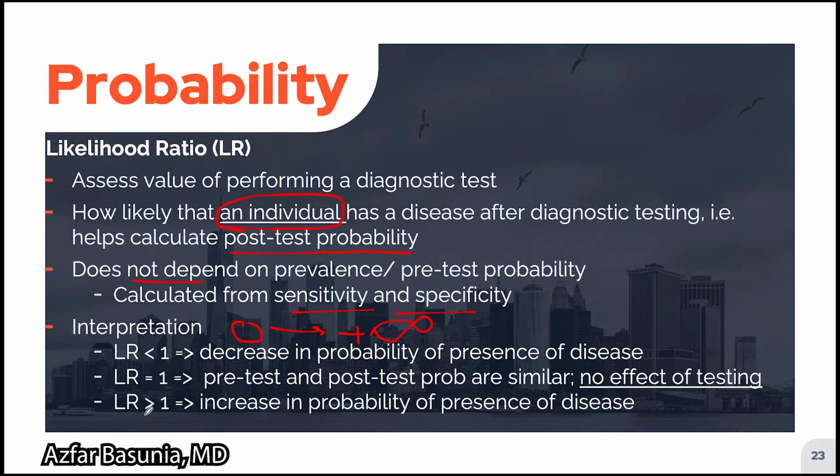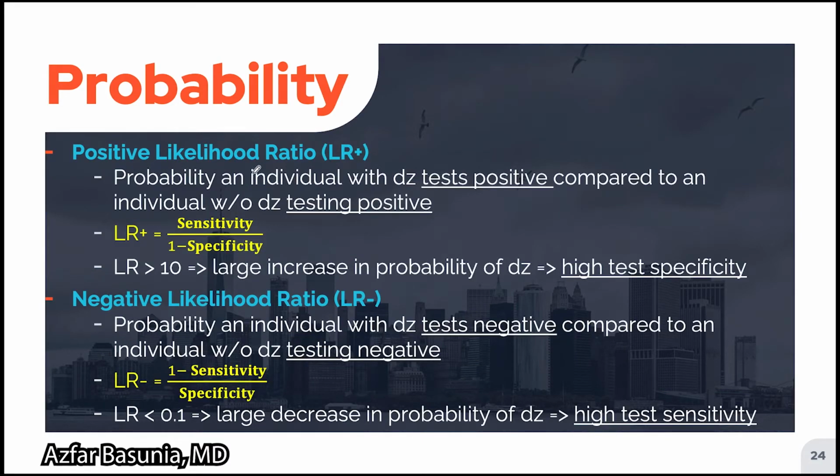When the likelihood ratio is greater than 1, this means that there is an increase in the probability of the presence of the disease. A positive likelihood ratio refers to the probability that an individual with the disease tests positive compared to an individual without the disease testing positive. A positive likelihood ratio is calculated by taking the sensitivity and dividing it by 1 minus the specificity.